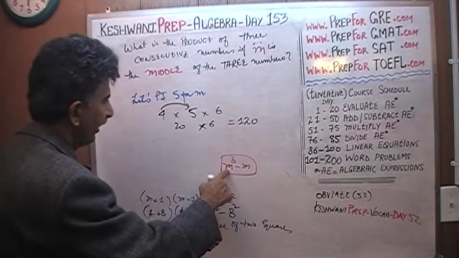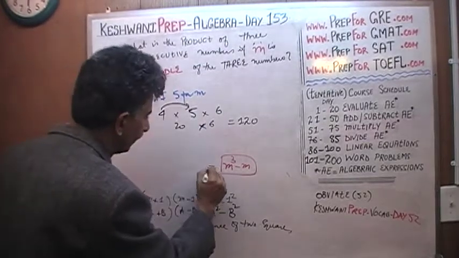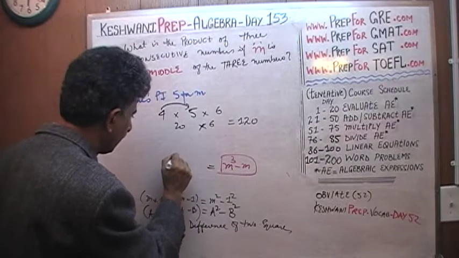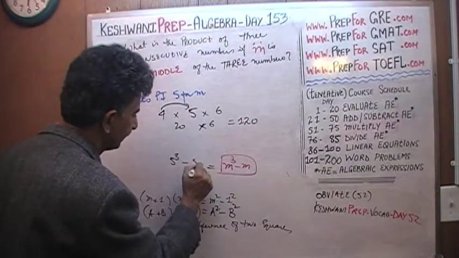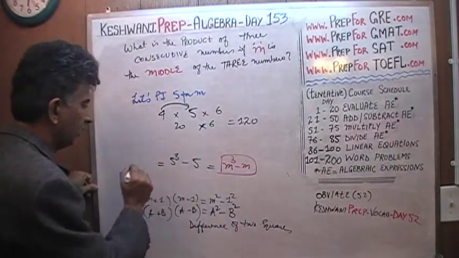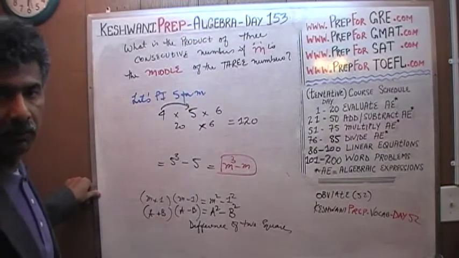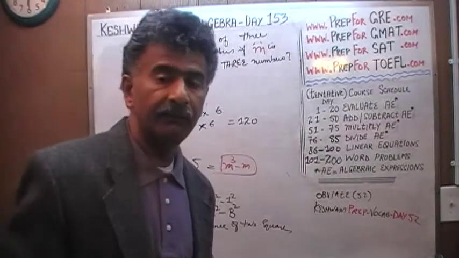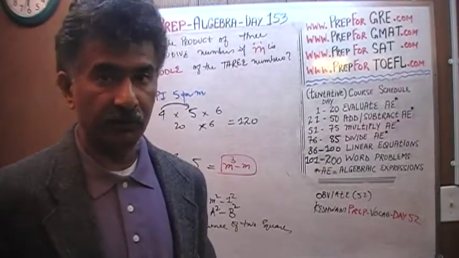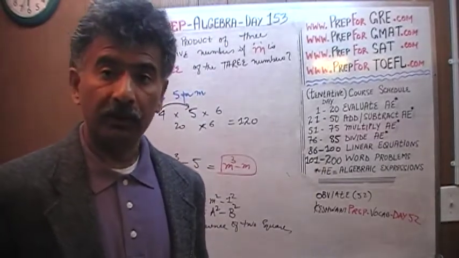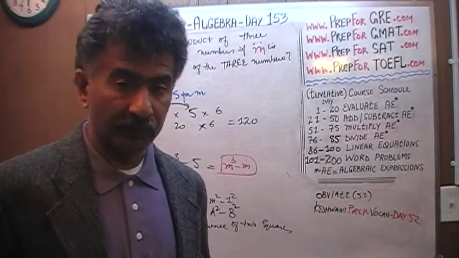This tells me that if m is 5, then it should equal 5 cubed minus m, which is 5. How much is 5 cubed? Well, 5 times 5 we know is 25, and then 25 times 5, I don't know what that is, but I know that 25 times 4 is 100.